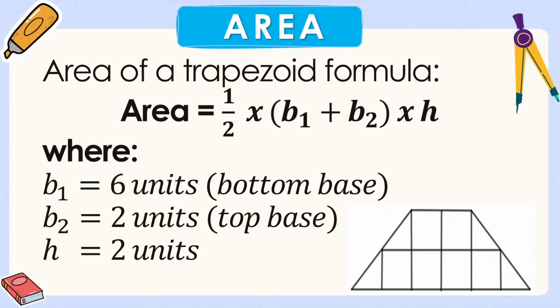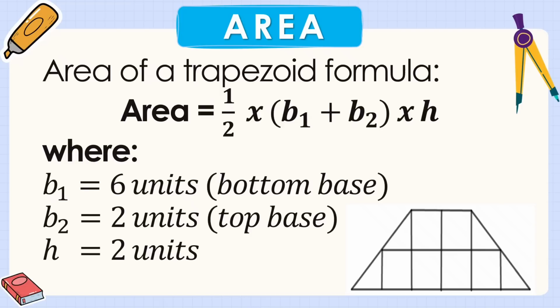Let's keep in mind the area of a trapezoid formula is 1/2 times base 1 plus base 2, multiplied by the height. Given the trapezoid, for base 1, the one at the bottom, we have 6 units, which is the bottom base. For base 2, the top base, we have 2 units. And for the height, we have 2 units. So base 1 is 6, base 2 is 2, and height is 2 units.